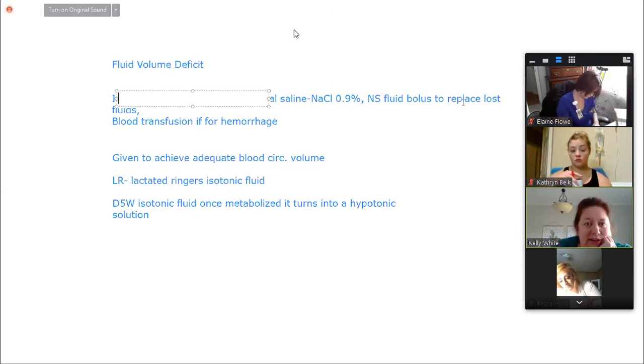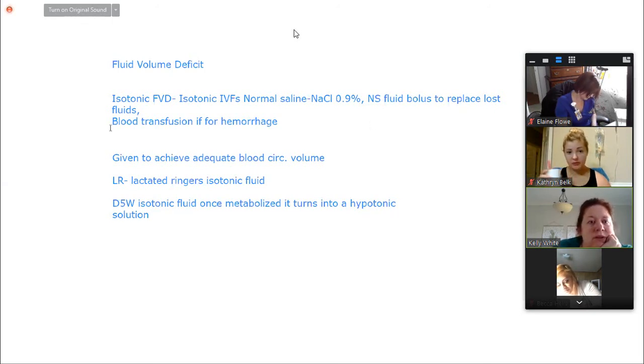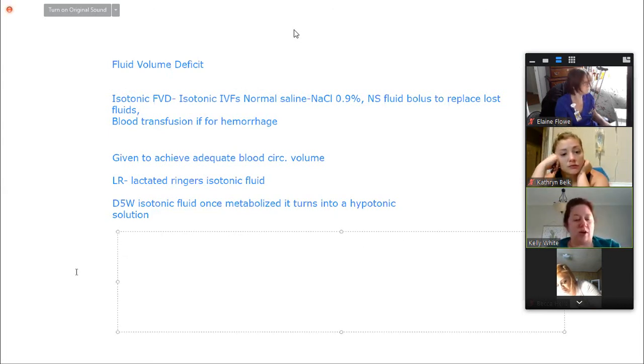So you don't ever want to give blood transfusions with anything other than normal saline. All right. So then let's move on to our hypotonic fluid volume deficit.